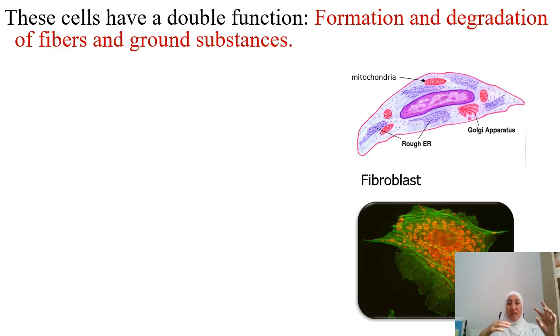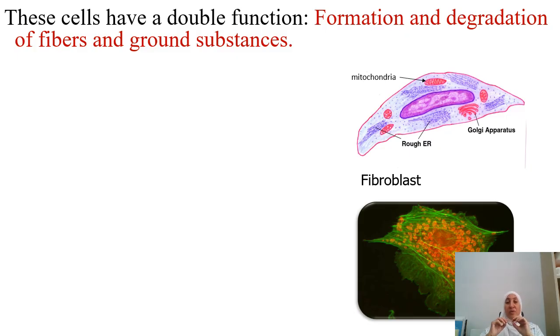One of these ends performs formation due to the presence of a huge amount of Golgi apparatus, mitochondria, rough endoplasmic reticulum, ribosomes, and so on, while the other end of the cell can degrade the old collagen or old ground substances, and can bring these collagen fibers or ground substance into the cell by a process called endocytosis.